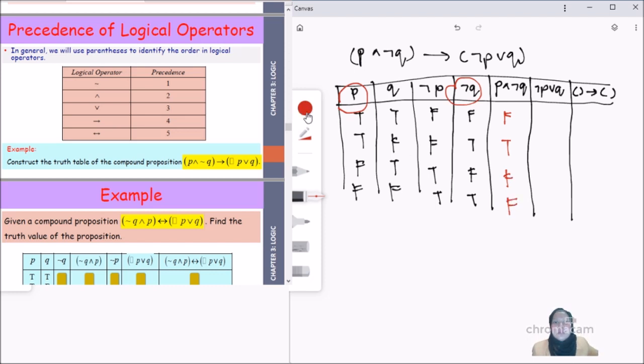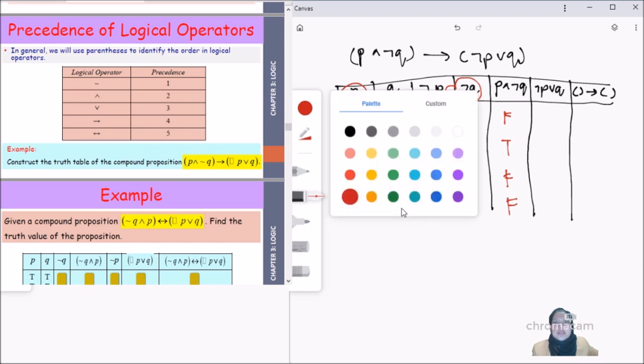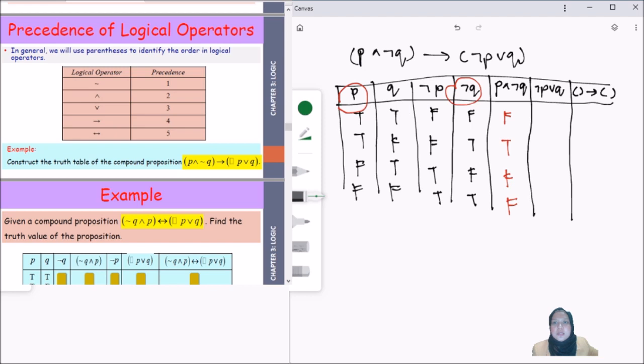Then we do the next, not P or Q: true, false is false; false, false is false; false, true is true; true, true is true.